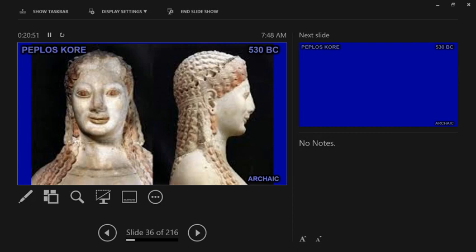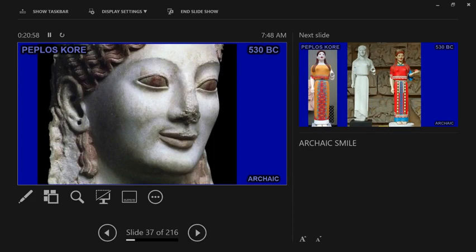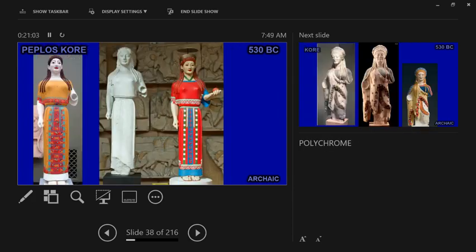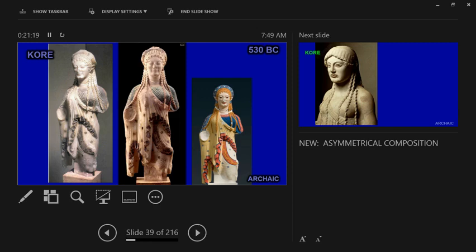And we can see a little bit of the polychrome in the hair and in the eyes and the lips. And then here is what they think the polychrome would have looked like. And what's new on this one is the asymmetrical composition. No longer is the dress the same on both sides, but it comes over one shoulder instead of both.